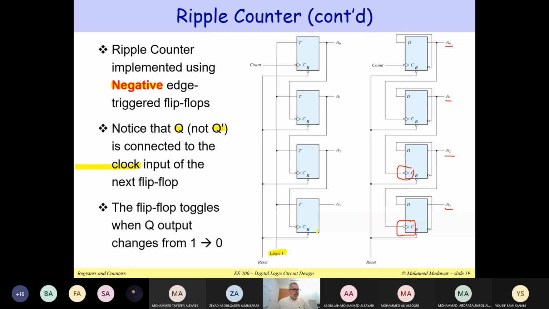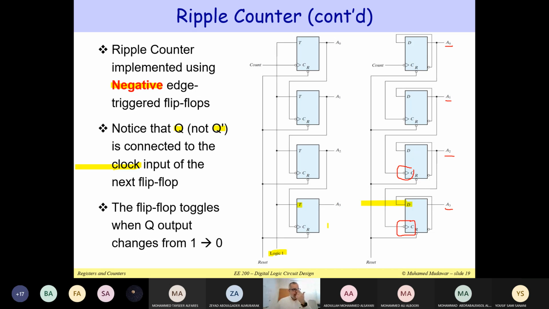I don't think this is actually better, because the T flip-flop is more expensive than the D type. And we can do it with the D type by connecting the Q prime output back to the D. So for this reason, there is no real advantage.